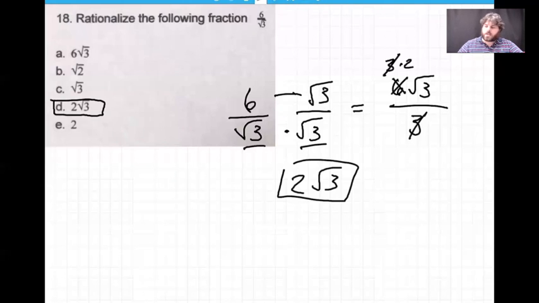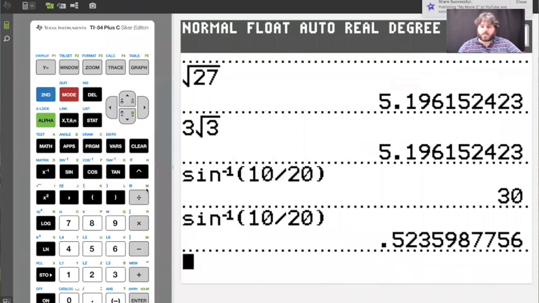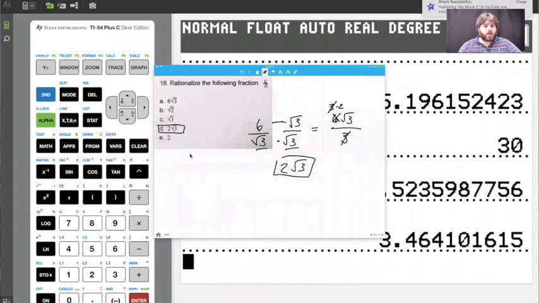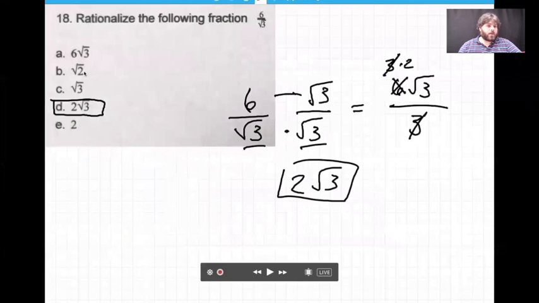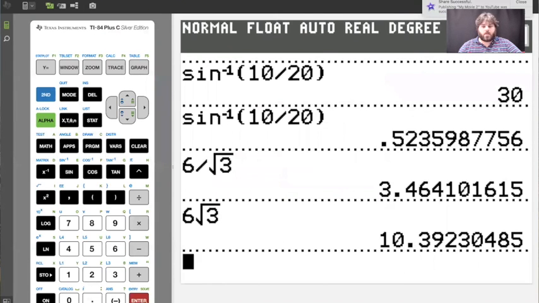But let's look at something real quick. I can convert square roots to decimals, right? 6 divided by square root of 3, right? That's what our problem initially said. Right? Rationalize this fraction. So it's 3.464. I don't want that to change, but I just want the way it looks to change. So 6 times root 3. Well, what is that? That's 10 something.